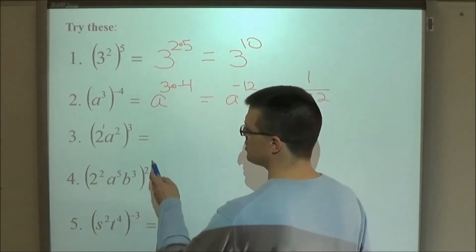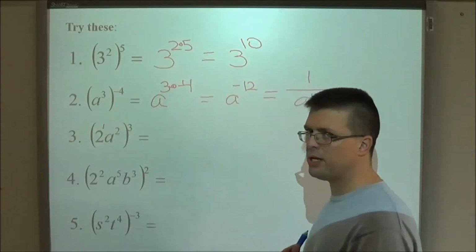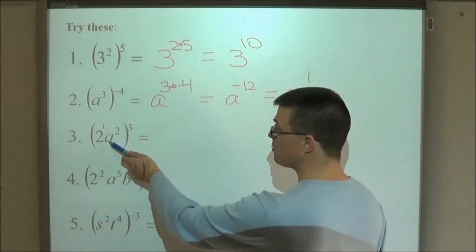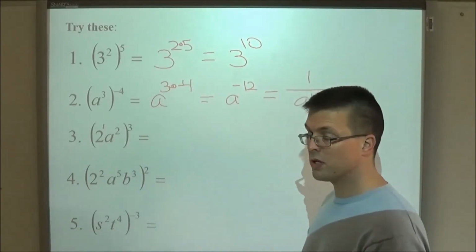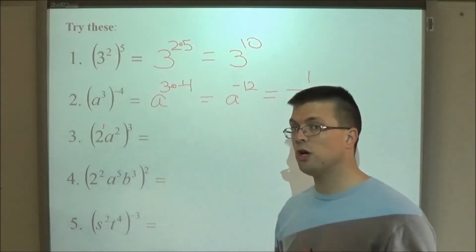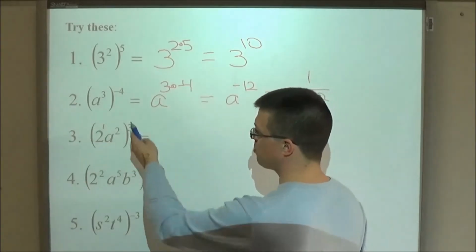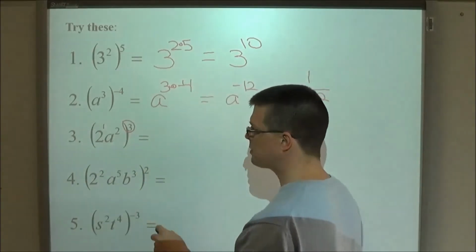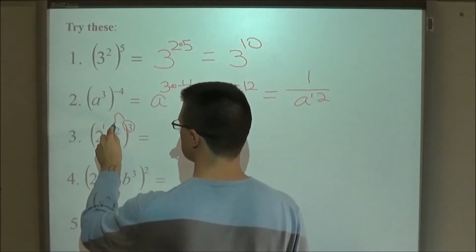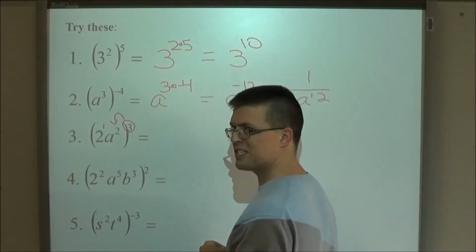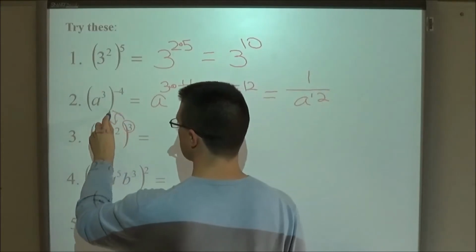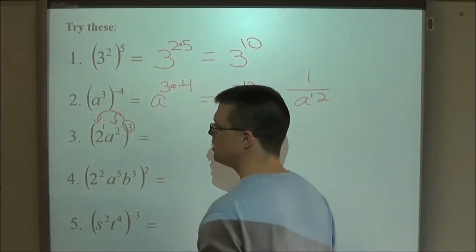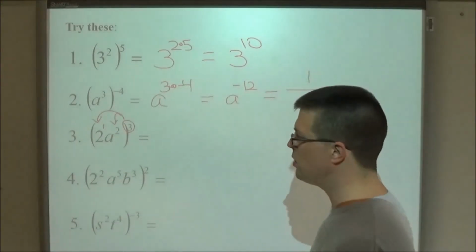Anyway, this time we've got 2 different bases, but they're both being raised to the 3rd power. Well, this is where your distributive property comes in. We have parentheses here, and since we're going to multiply this 3 with our exponents, we're going to distribute the 3 to our 2nd power, and also to our 1st power on the 2.